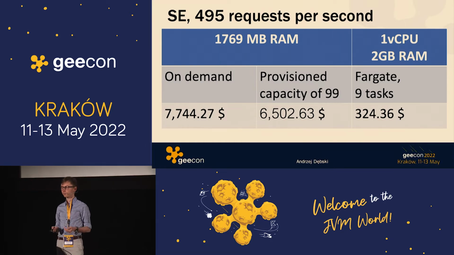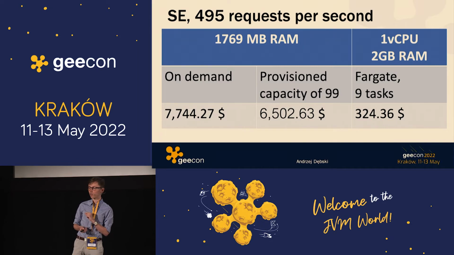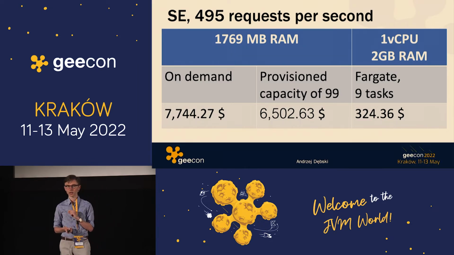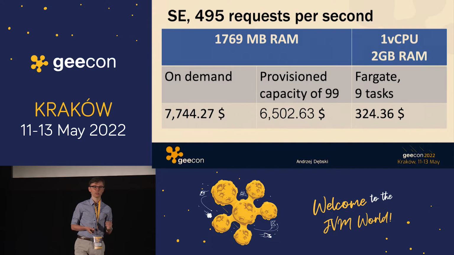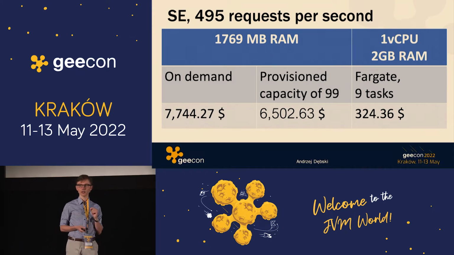Is it worth it? The other interesting thing I was surprised by when I was preparing the presentation is that provision concurrency is actually cheaper. It turns out that gigabyte seconds of compute are cheaper for provision concurrency than on-demand.